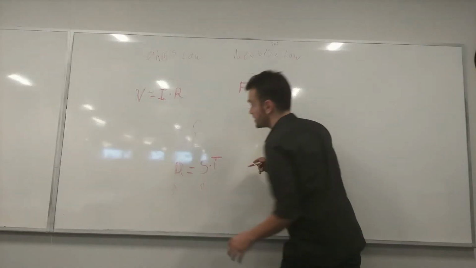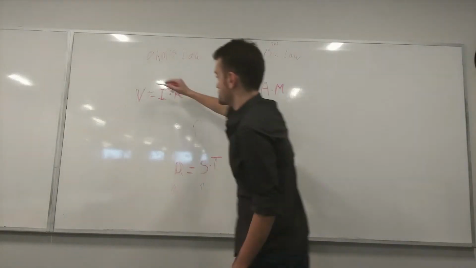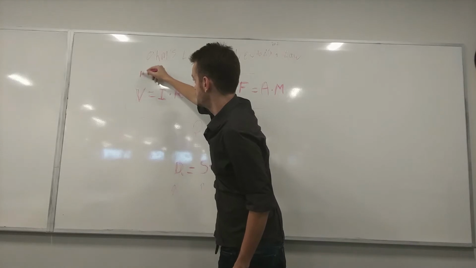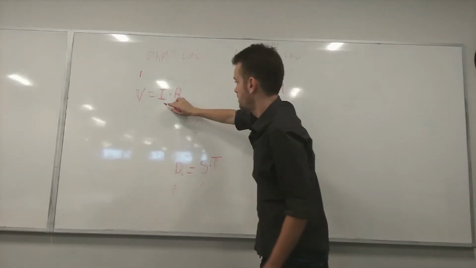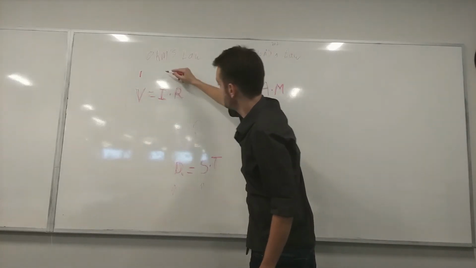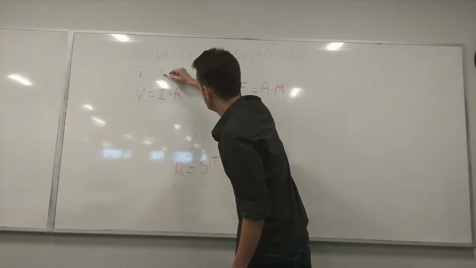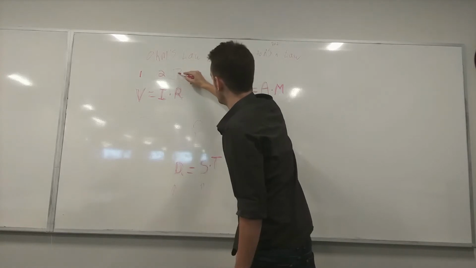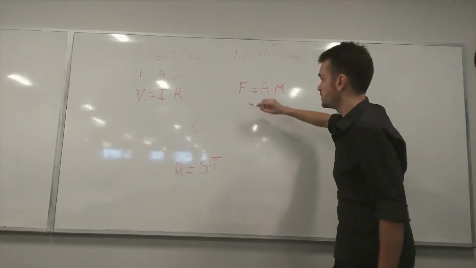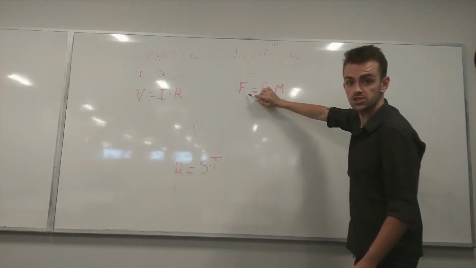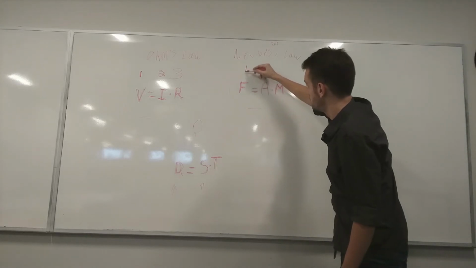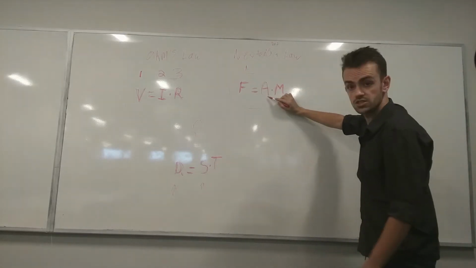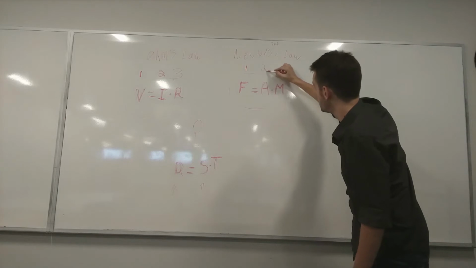Carrying on. So, we got force behind the input, 1. Differentiation between 2 points, 2. And opposing force, 3. Over here, we have force behind a change, 1. Differentiation between 2 points, 2.